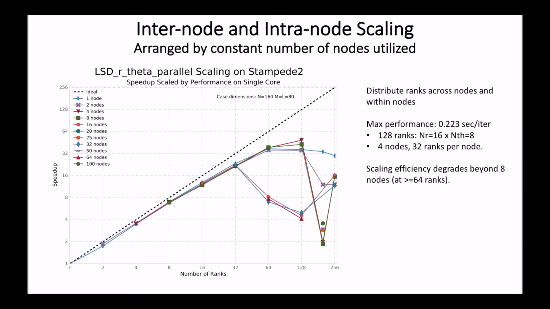So what we see is that the actual max performance is 0.223 seconds per iteration, and we get that at 128 ranks using 4 nodes and 32 ranks per node. So it's somewhat surprising considering that we got our peak performance on a single node at 64 ranks.